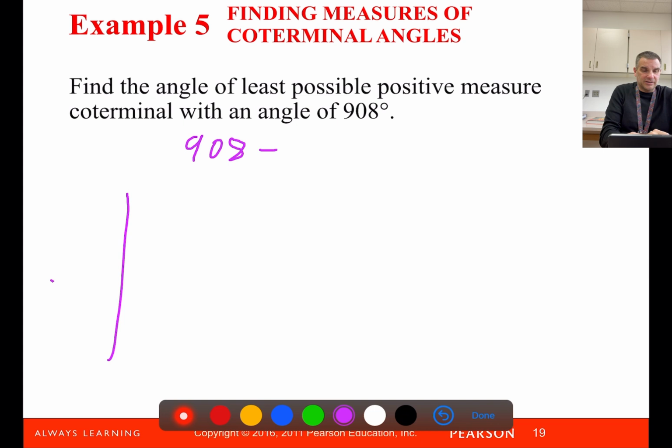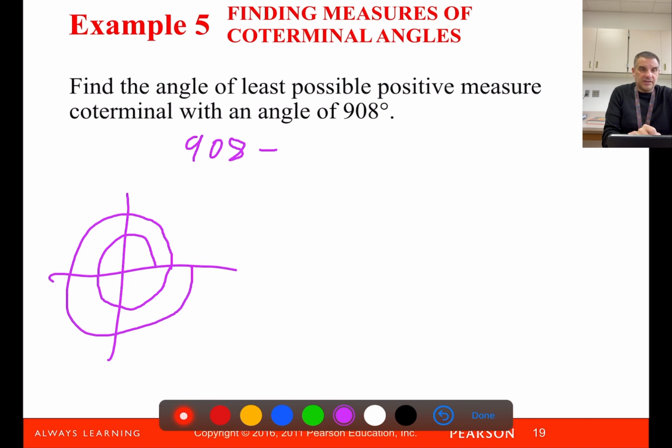I could draw a 908-degree angle. There's 360, there's 720, there's 810, and the next one is 900, so it's just past 900. So there's a 908-degree angle.